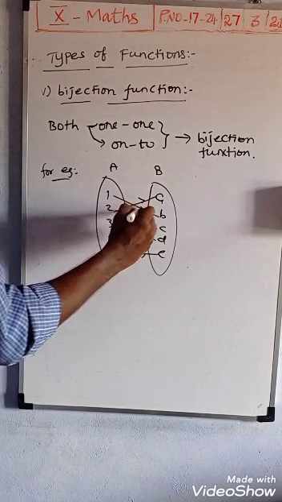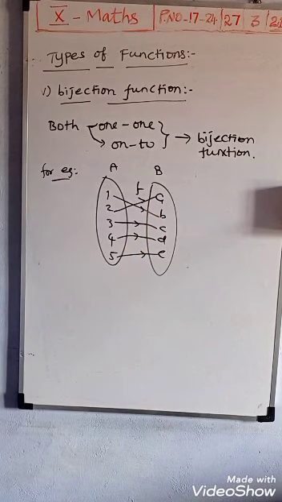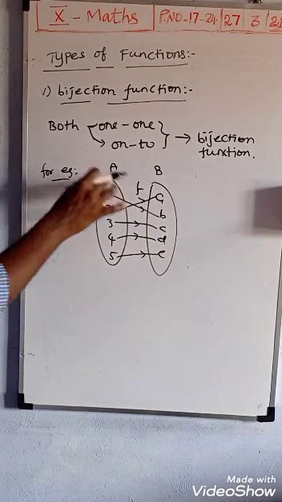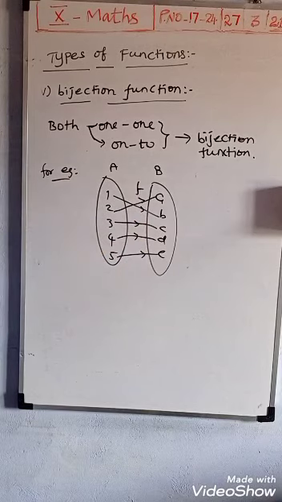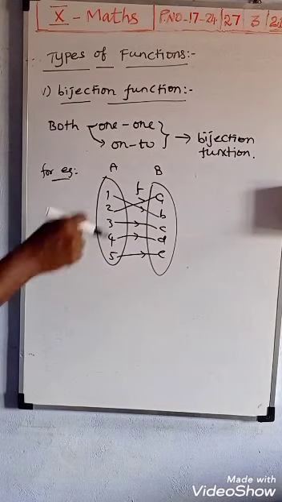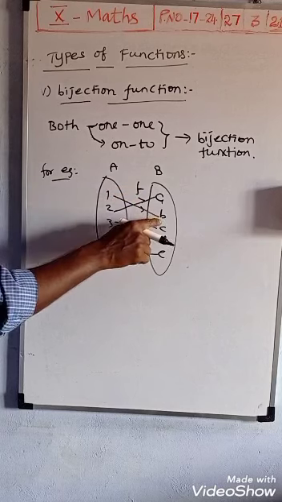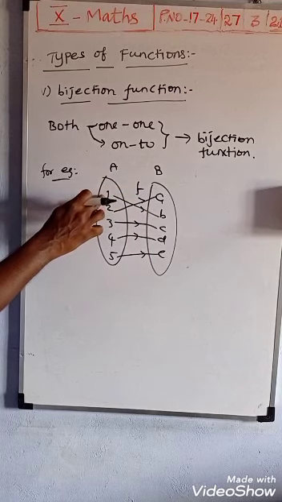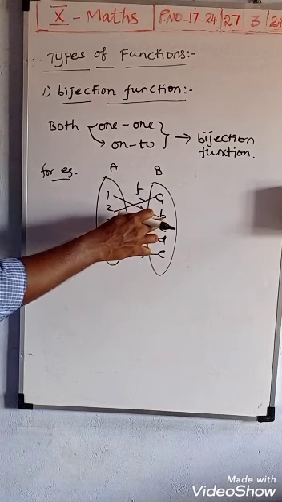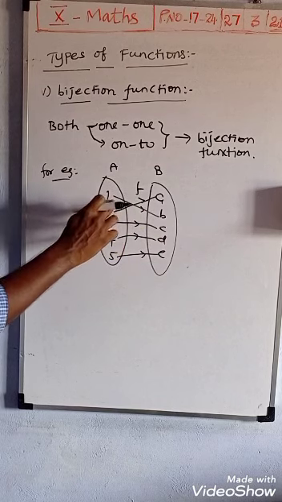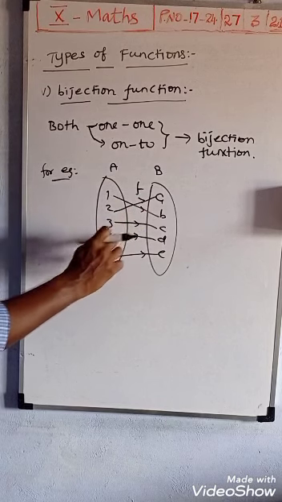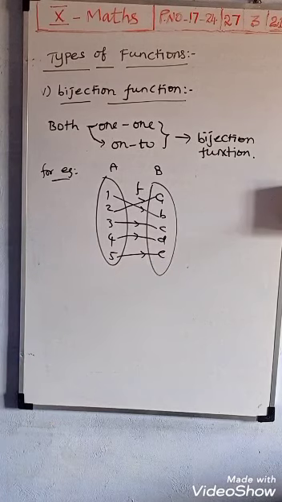Now see here, this is a function. Now consider the sets A and B. Set A has 5 elements, set B also has 5 elements. So what is a one-one function? Distinct elements in A have distinct images in B, or else different elements in A have different images in B. So 1 has a different image, 2 a different image, 3 different, 4 different, 5 different. All have different images.